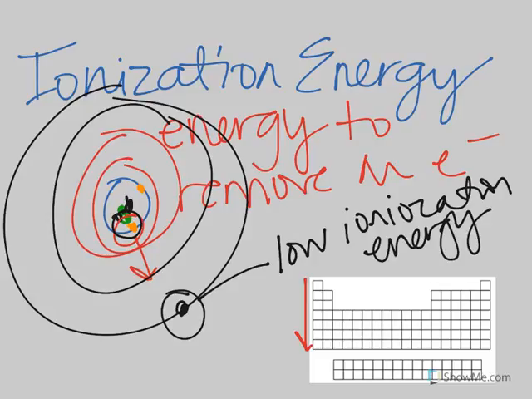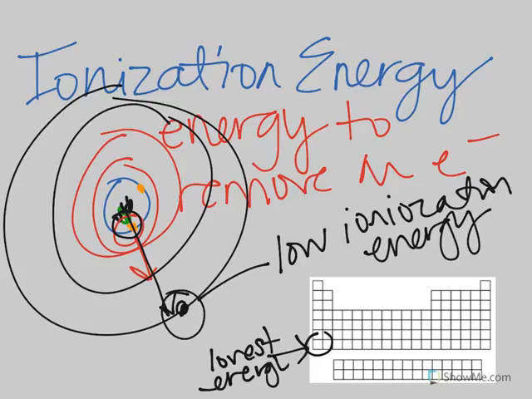because there's a lot of distance between the center of the nucleus and the outside electrons. So the closer the electron is to the nucleus, the harder it is to pull it away. So that trend, if we look at the periodic table, this would be your lowest energy, or the easiest to take away.